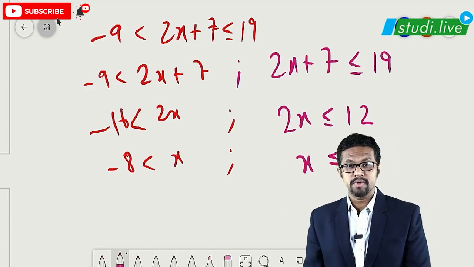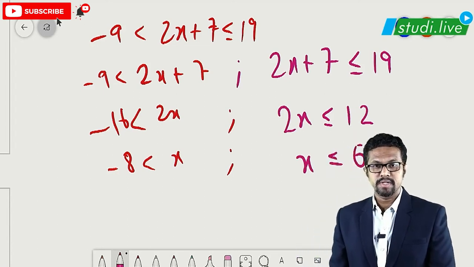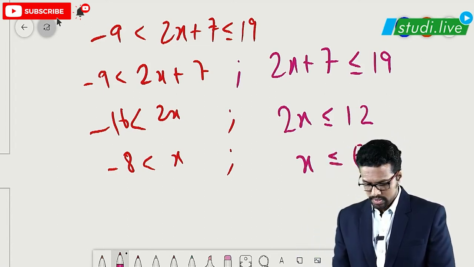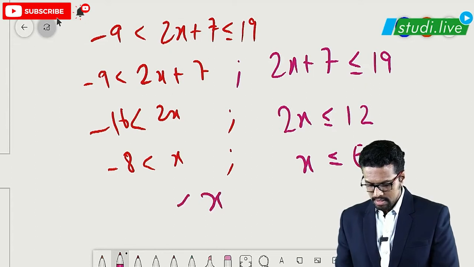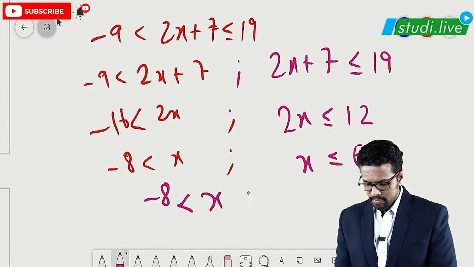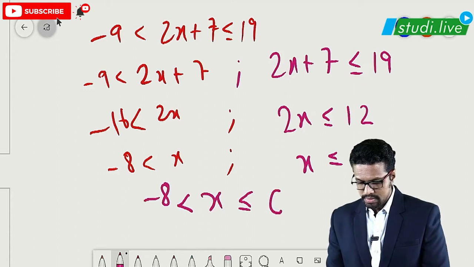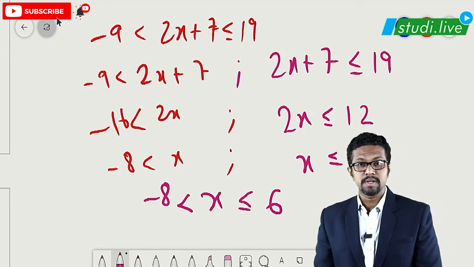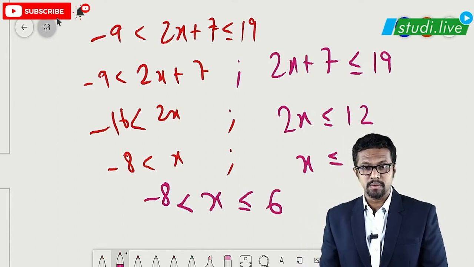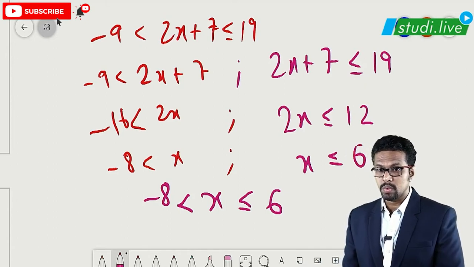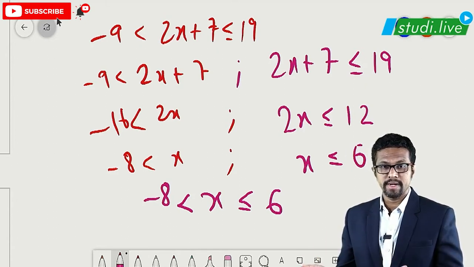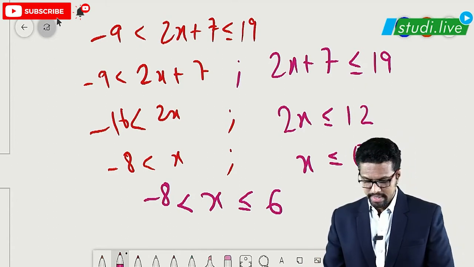So finally, what are we getting? What are the values of x that we are getting? x is less than or equal to 6 over here. So we can say that x is greater than minus 8, but it is less than or equal to 6. What does that mean? When we are saying it is less than or equal to, that means it is a square bracket at 6 but a round bracket at minus 8.